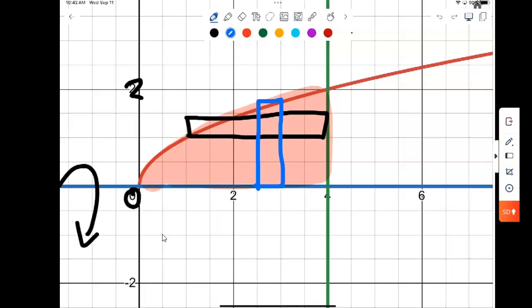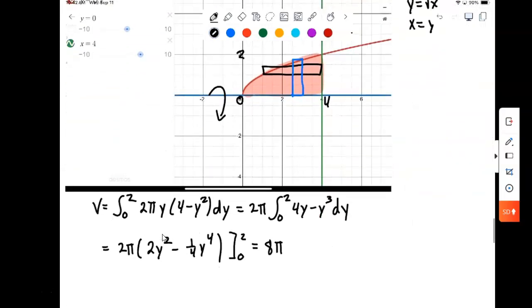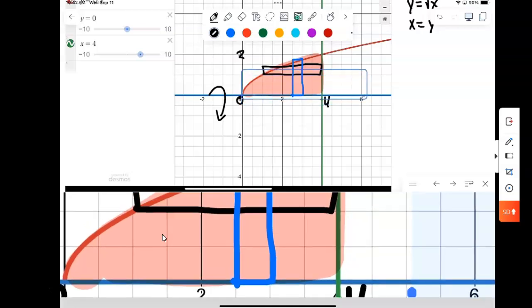So we're going from 0 to 4 along that axis. And notice we actually don't even need a washer, we can just do a disk. The function here is square root of x. Disk is just a special case of a washer. It's touching the axis.